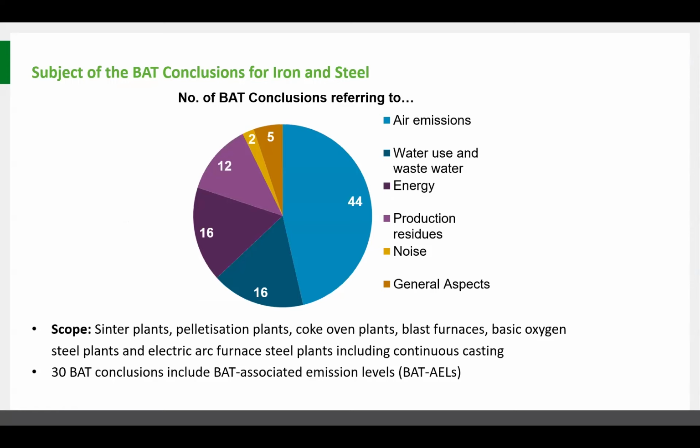There are 16 BAT conclusions referring to water use and wastewater, another 16 referring to energy consumption, 12 referring to production residues, 2 conclusions addressing specifically noise, and then 5 addressing other general aspects. As I mentioned before, the scope of the BREF is sinter plants, pellet plants, coke oven plants, blast furnaces, basic oxygen steel plants, and electric arc furnace steel plants.